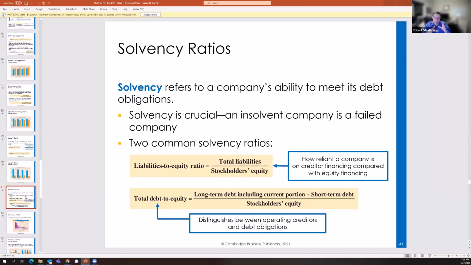You look at your total liabilities or your total debt. What's the difference there? The second one distinguishes operating creditors and debt obligations. Okay, whatever. These show how likely it is that they'll be insolvent over the next year period.